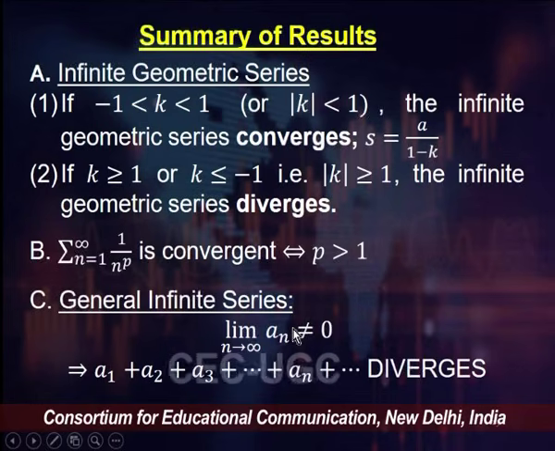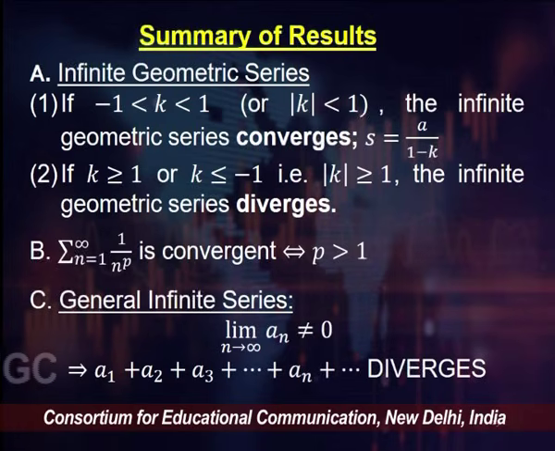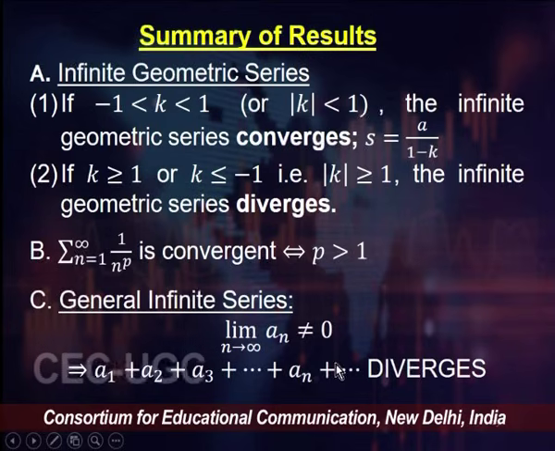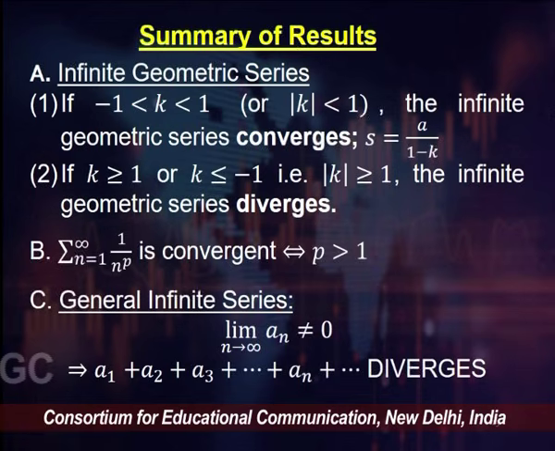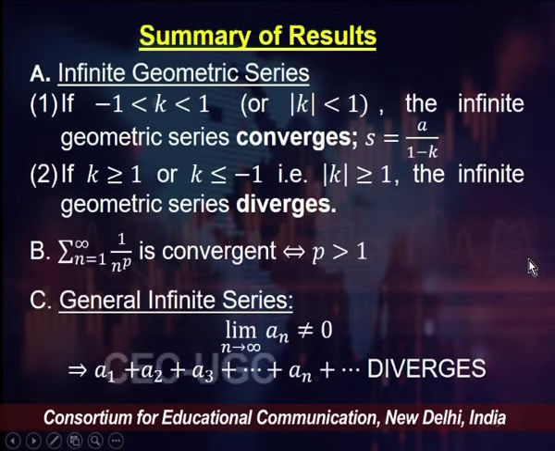What I'll do is, because I introduced the idea of a general infinite series in the first part itself, let me first take up some problems which involve the usage of this particular criterion, and let's see how that works, just to get you to warm up with this criterion where the nth term is not 0.